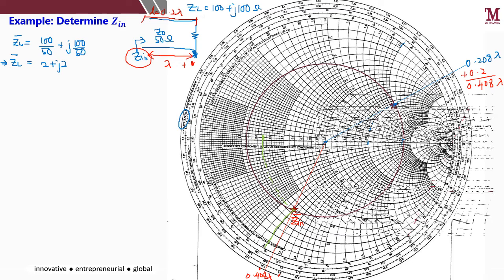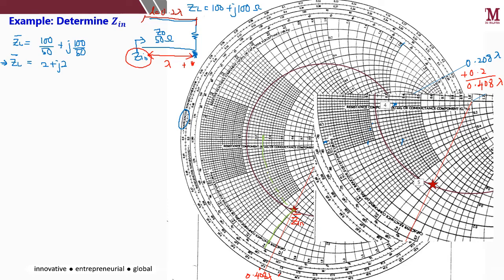Okay, so your Z-in in this case equal to 0.324, and then minus J, because it's at the bottom half of the Smith chart, 0.6.